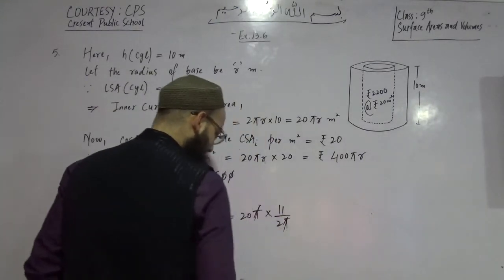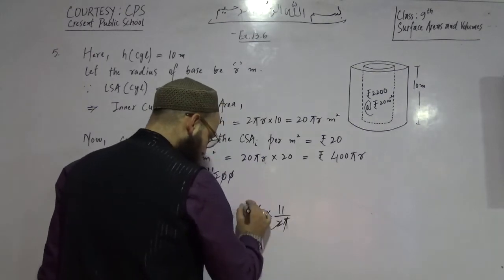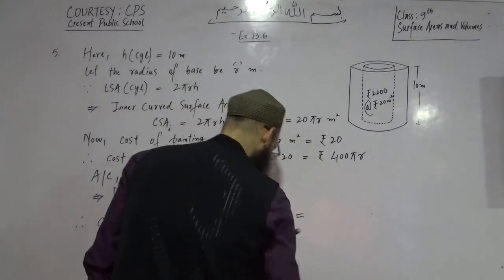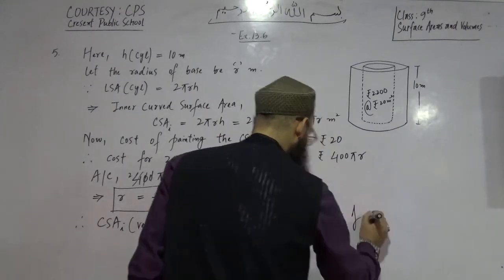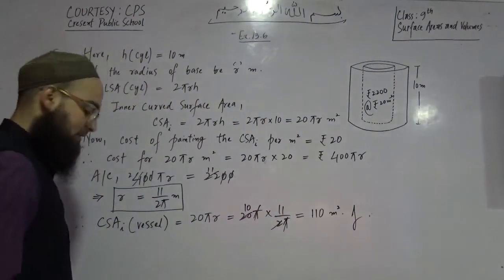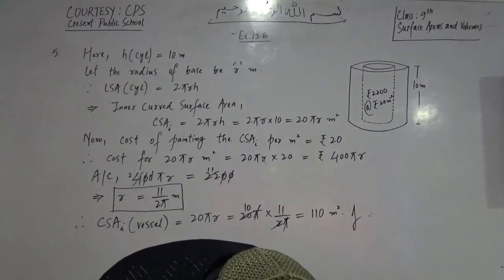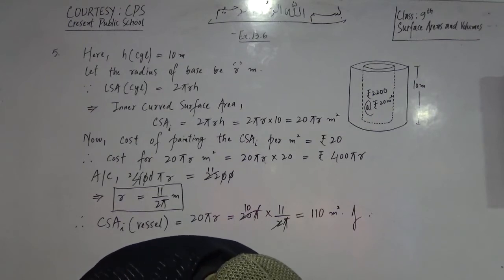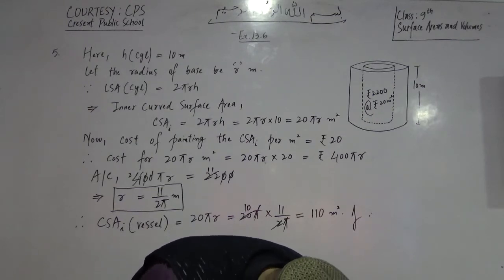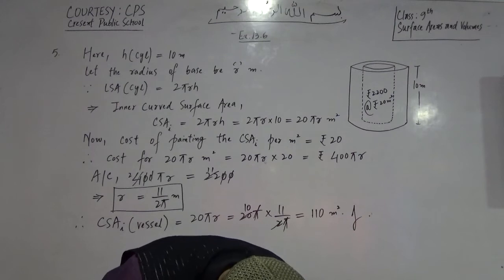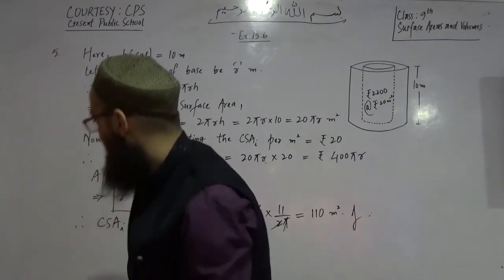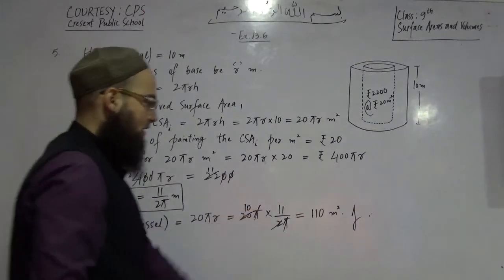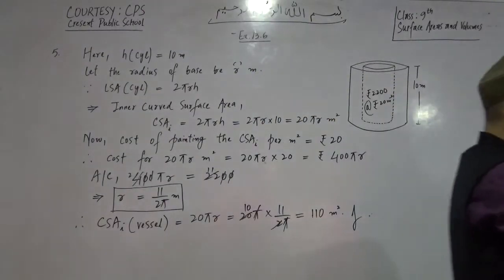Now pi and pi get cancelled. 2 10s are 20, that will give you 110 square meter. And that's the answer of your first part.